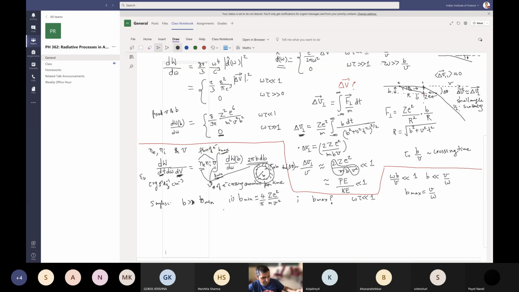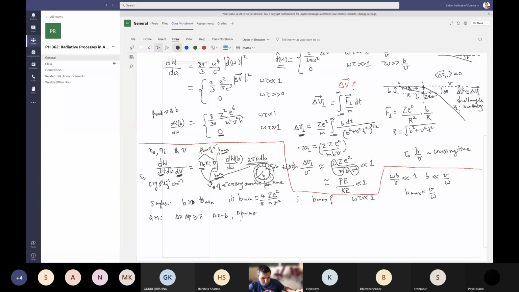There is another estimate of B min, which is inspired from quantum mechanics, and that goes as follows. We know the uncertainty principle: delta x, delta p is greater than or equal to h cross. If we take delta x to be order b, the impact parameter, and delta p to be order the momentum of the electron, which is mv.